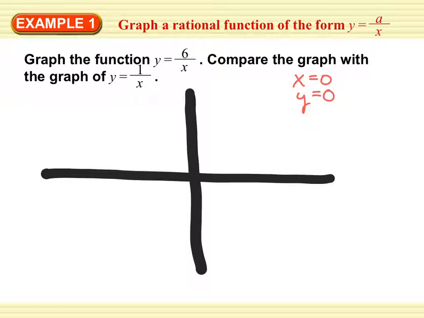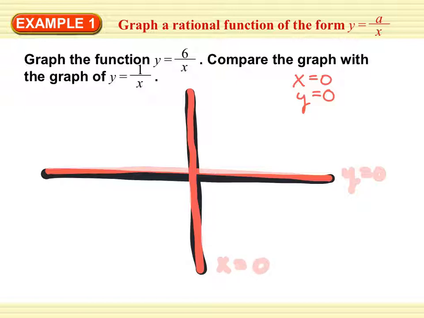So I'm going to use highlighter. That is y equals 0, x equals 0, my horizontal and my vertical asymptote. So I've drawn those asymptotes. I can plot points to the left and to the right of the vertical asymptote.